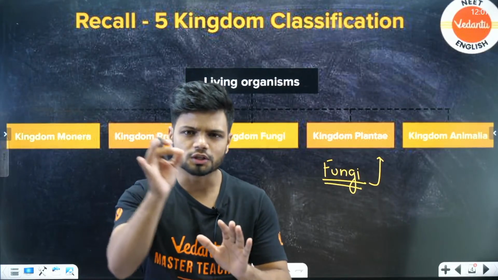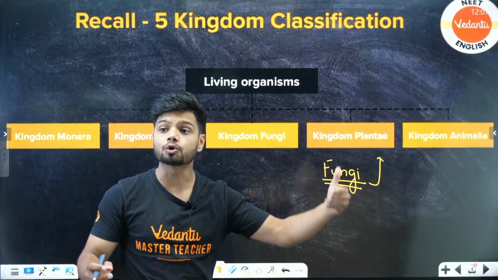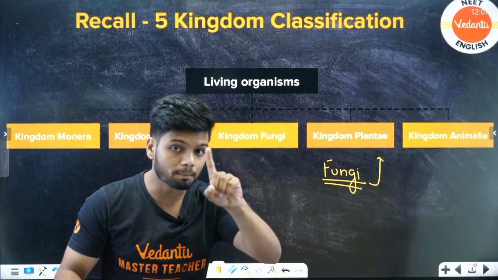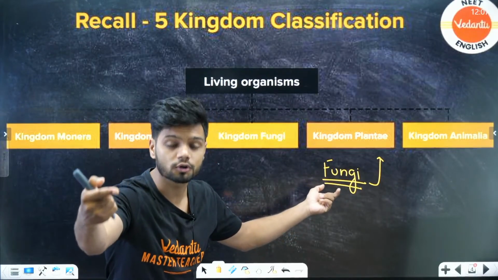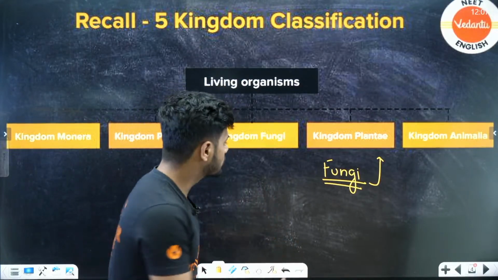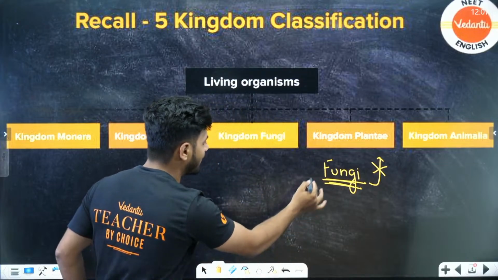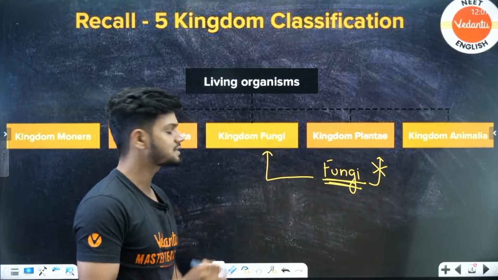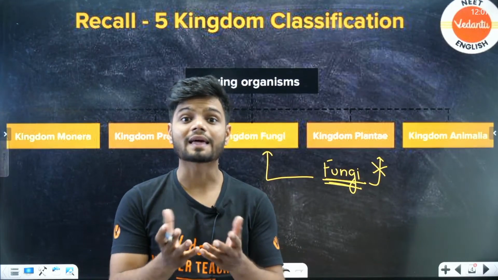Because all of us know the mode of nutrition in the case of kingdom Plantae is the autotrophic mode of nutrition. But in the case of fungi, the mode of nutrition was saprophytic mode of nutrition. So in later stages, fungi was removed from kingdom Plantae and it had a separate place called kingdom Fungi.